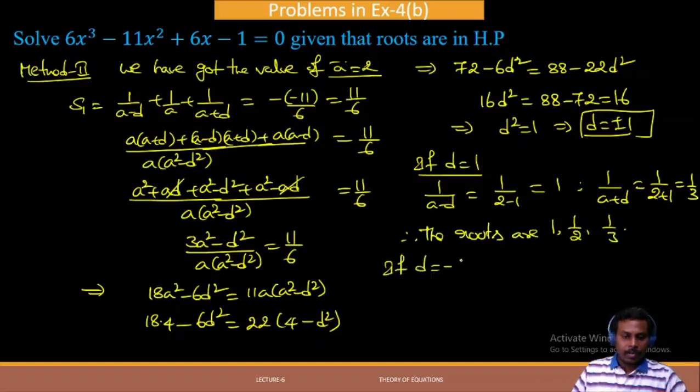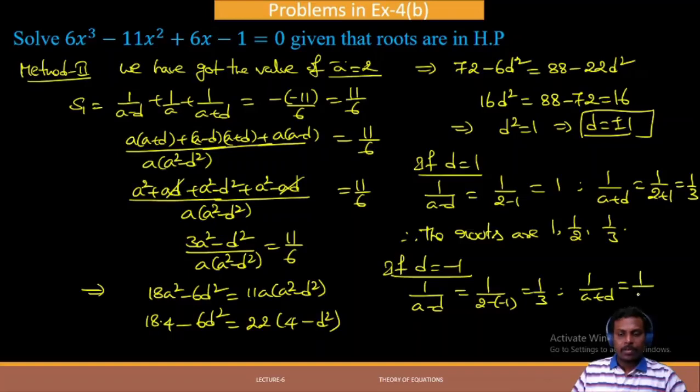If d value is equal to minus 1, 1 by a minus d value becomes 1 by 2 minus of minus 1 is equal to 1 by 3, and 1 by a plus d is equal to 1 by 2 minus 1, that is equal to 1. So therefore the roots are, even in this case also, it is 1 by 3 comma 1 by 2 comma 1.